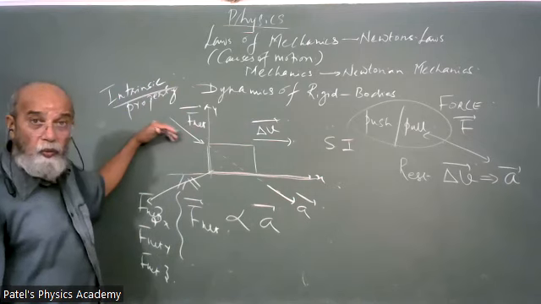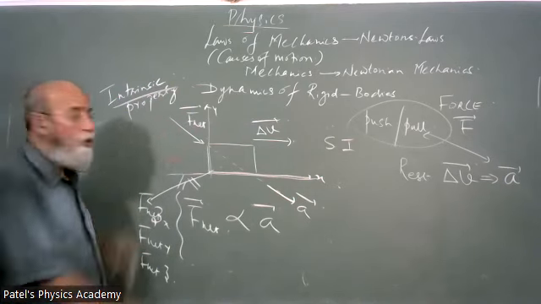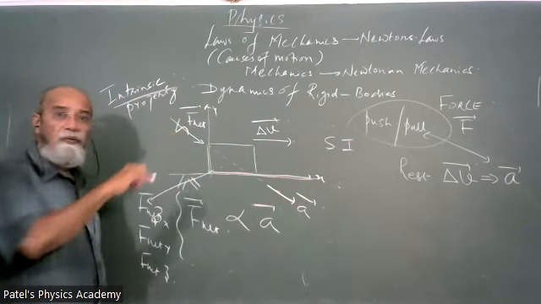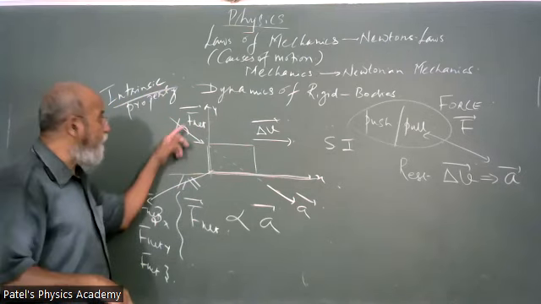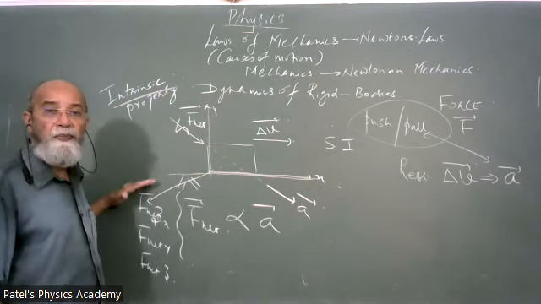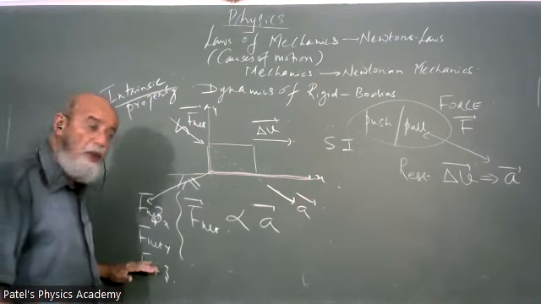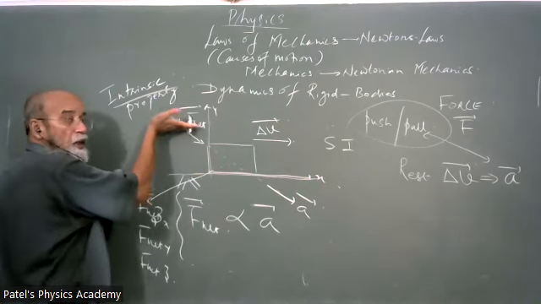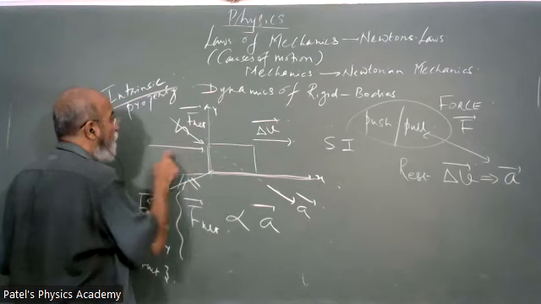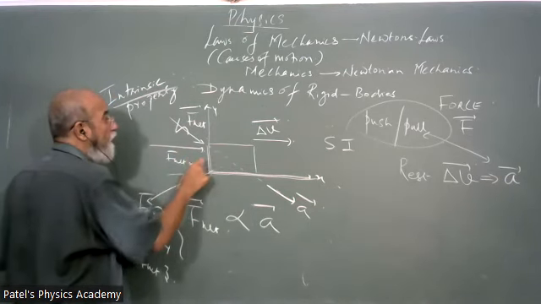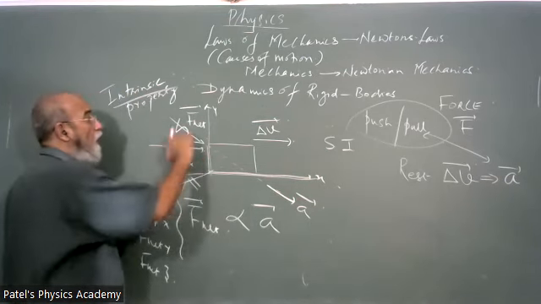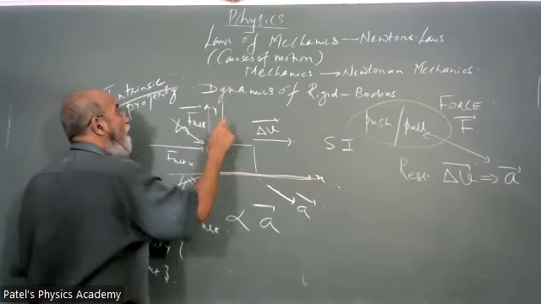And now he says, what are you going to do? You resolve. When you do this, you put this symbol, it means you are going to break it up into these components. You resolve this. F net in the x direction, F net in the y direction.